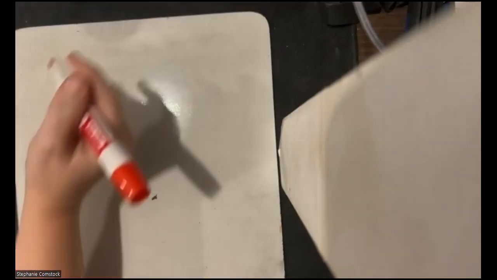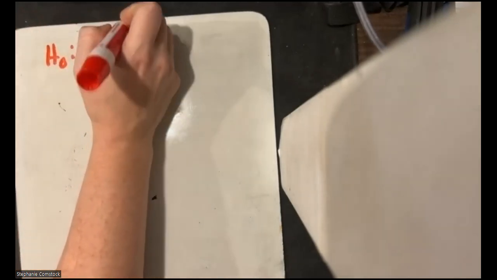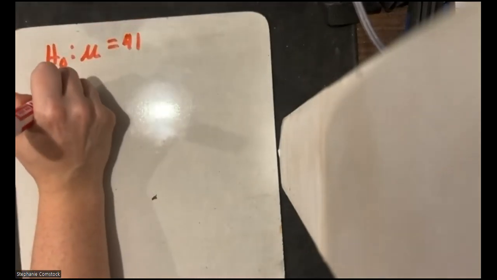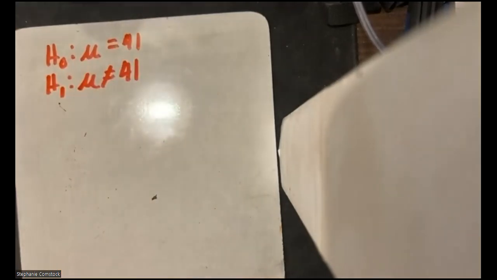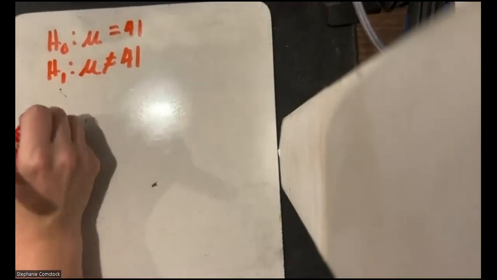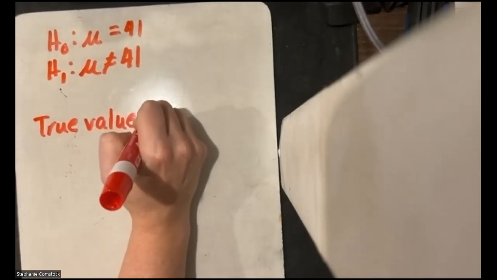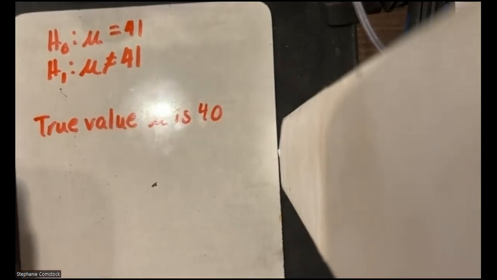Now, same setup. This time we've got H naught is that mu is 41. H1 is that mu is not 41. The true value of mu is 40.